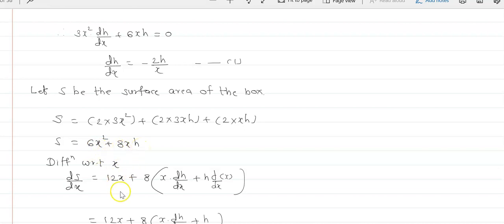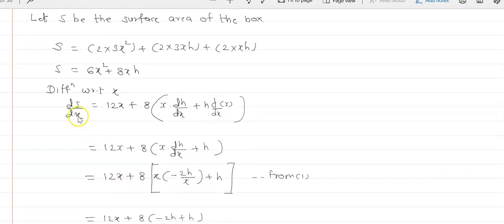Now differentiate this again with respect to x. That is dS upon dx, which is 12x plus 8 into the differentiation of this using the product rule: x into dh upon dx plus h into d by dx of x. So you are getting 12x plus 8 in bracket x into dh upon dx plus h.